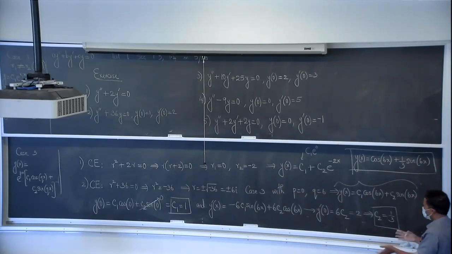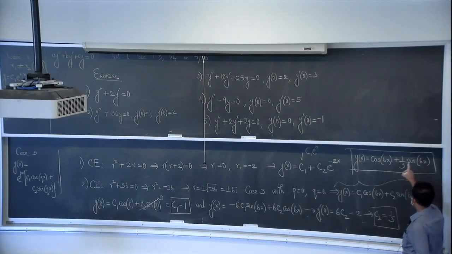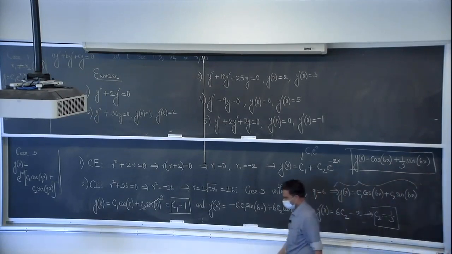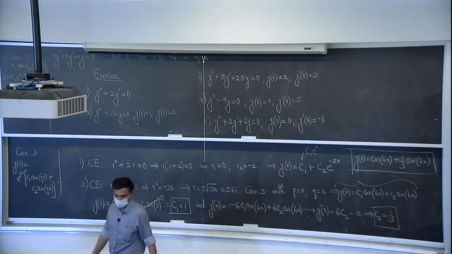Now it's okay to call it a C1 sine of x plus C2 cosine, but if you change it, then you have to change a whole bunch of things later. So it'll be nice if you just stay with what I'm doing in class so that it's easy for you to compare your notes and solutions later. I'm writing always cosine first and sine second. But that's just a choice for convenience.